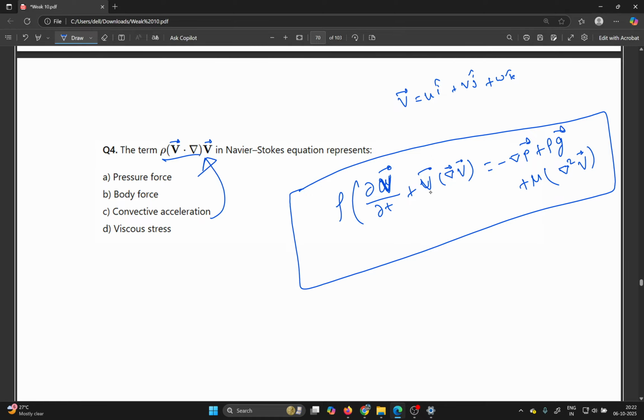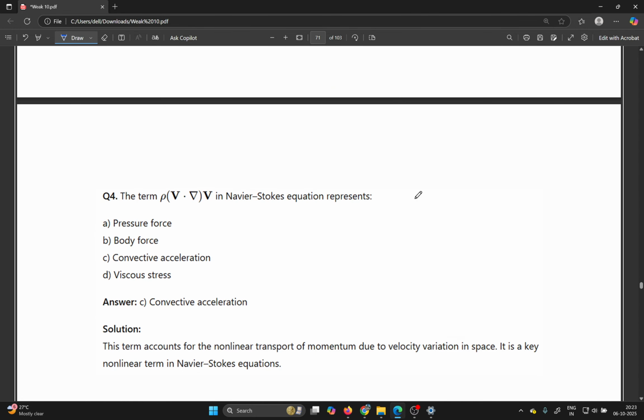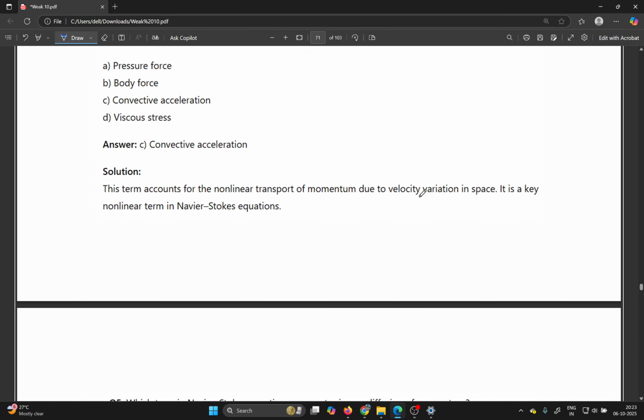That is this one, your velocity vector, and this, and yes, it is coming on the convective acceleration, and this is your local acceleration as I have discussed earlier. So yes, it is convective acceleration.